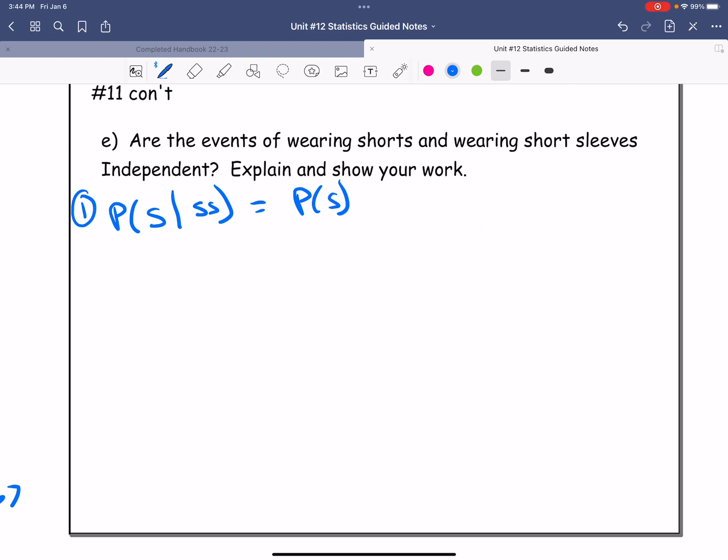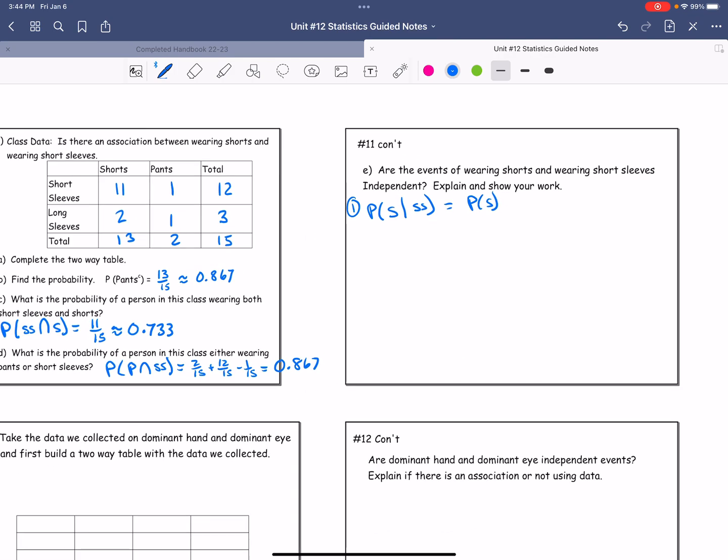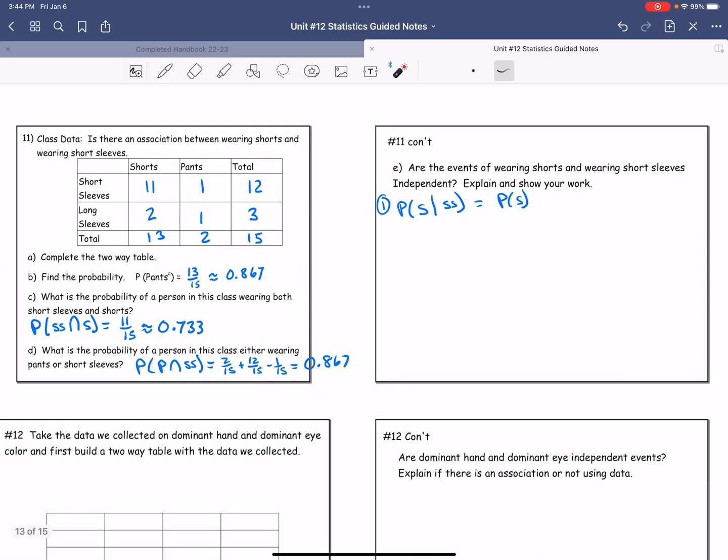So the probability of shorts given short sleeves, let's look at that, would be 11 out of 12. So we've got 11 out of 12 here, which as a decimal is 0.9167.